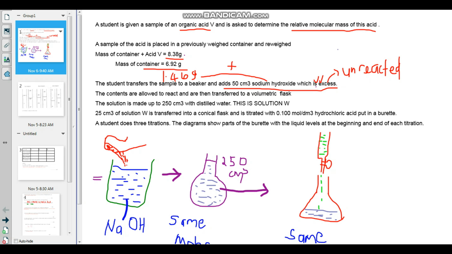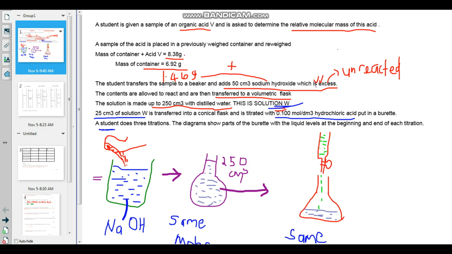The question continues to say, the contents are allowed to react and then transferred into a volumetric flask. The solution is made up to 250 cubic centimeters with distilled water, and this is solution W. 25 cubic centimeters of this solution W is transferred into a conical flask and is titrated with 0.100 moles per decimeter cubed of hydrochloric acid.